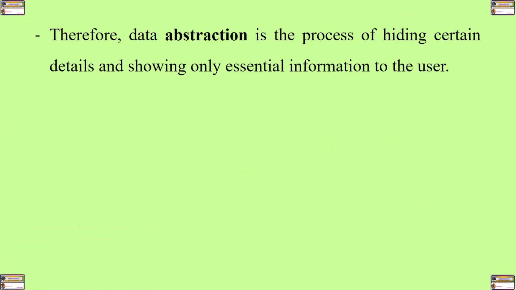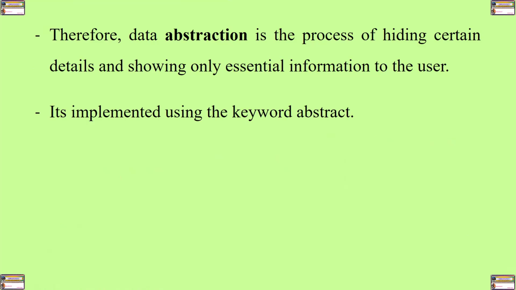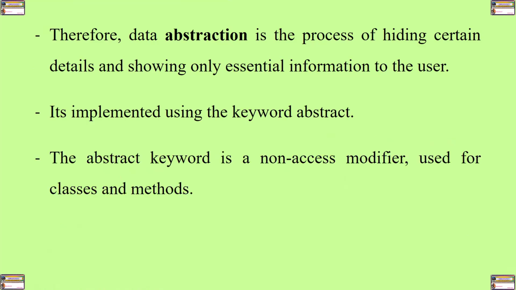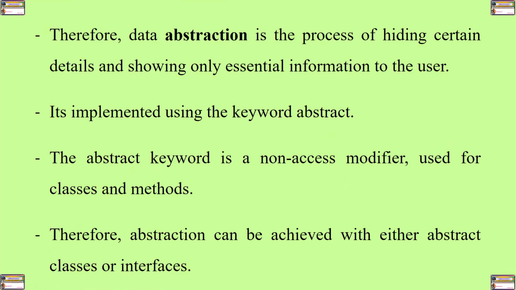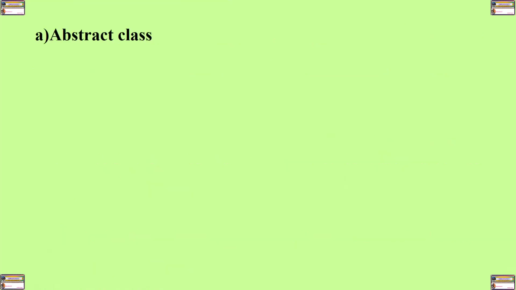Therefore, data abstraction is the process of hiding certain details and showing only essential information to the user. It is implemented using the keyword abstract. The abstract keyword is a non-access modifier that is used for classes and methods. Therefore, abstraction can be achieved with either abstract classes or interfaces.